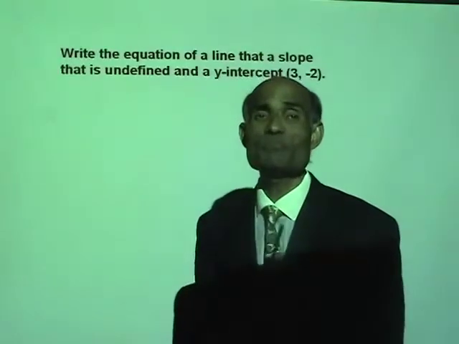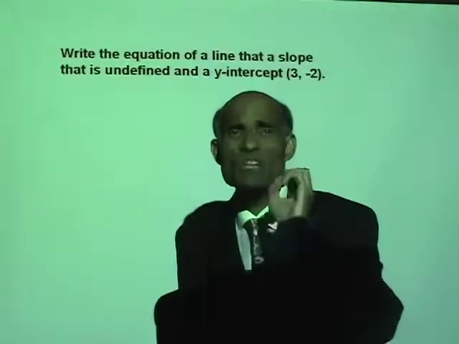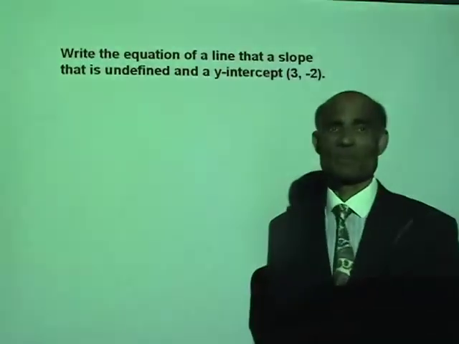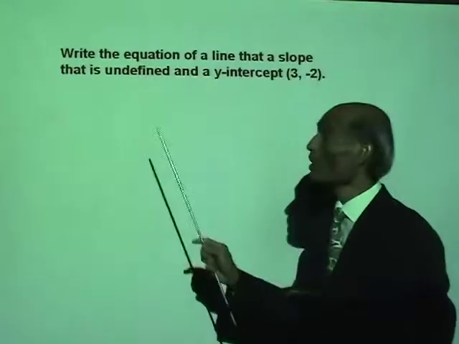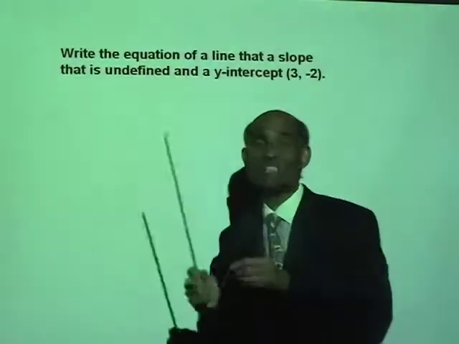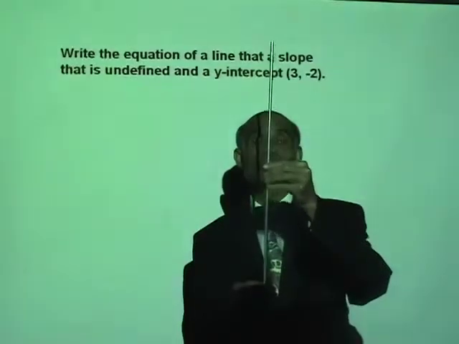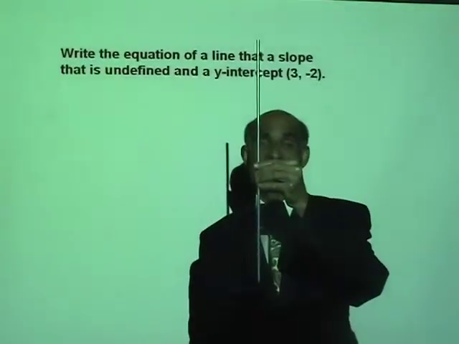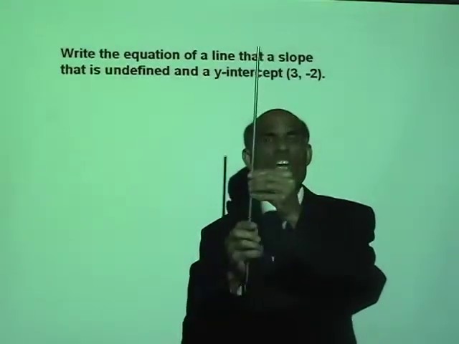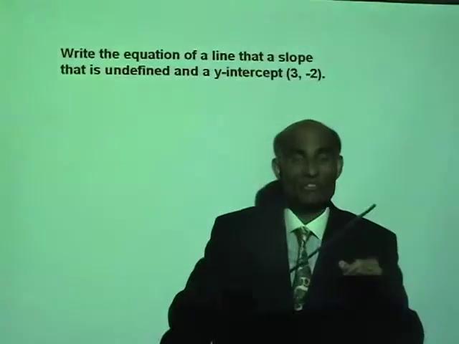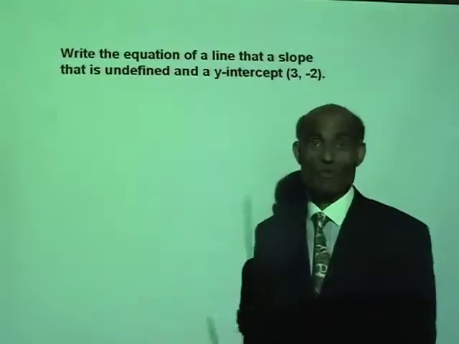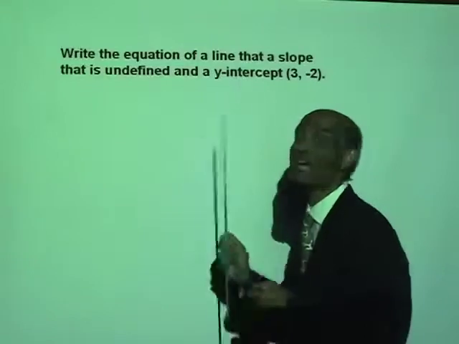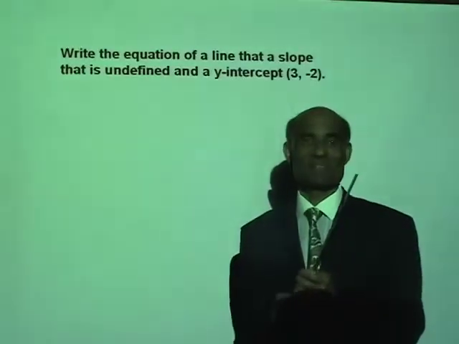There are two things wrong here. First of all, if the slope of a line is undefined, you know it is a vertical line. Well, can a vertical line cut the y-axis? No. Therefore, there will not be a y-intercept.